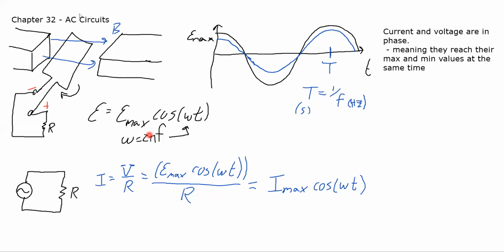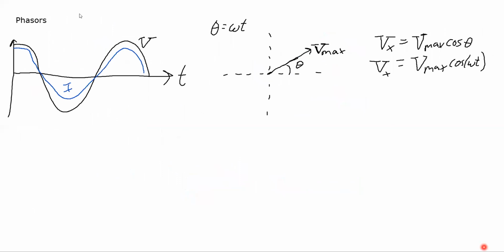So what's that telling us? That tells us that the x component of this phasor corresponds to the instantaneous voltage. In other words, the x component is telling us what voltage is going through that circuit at that time.